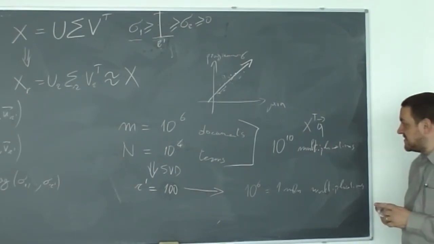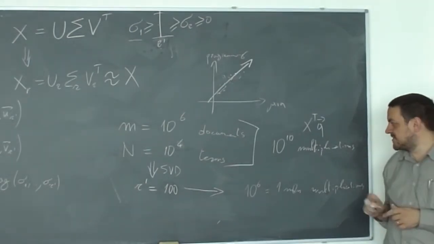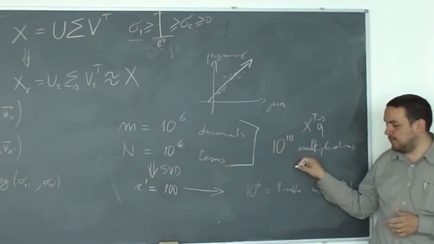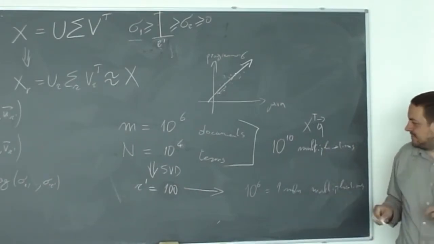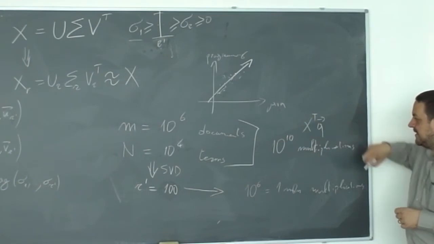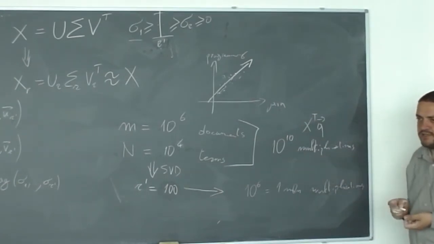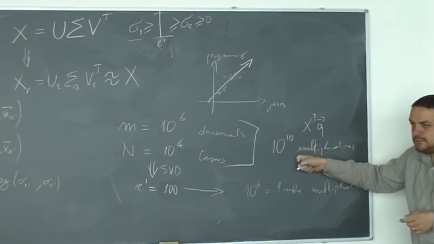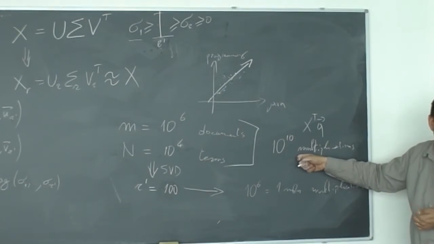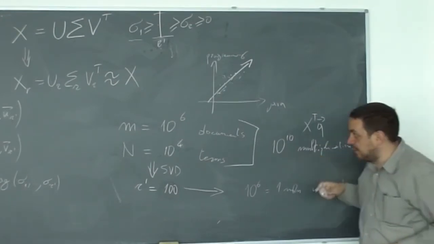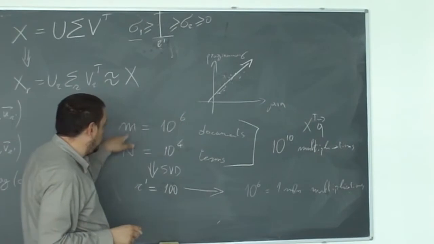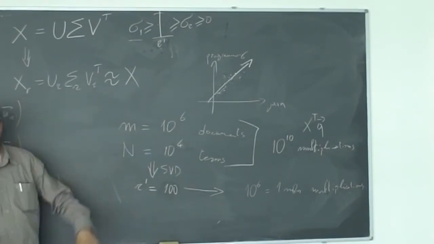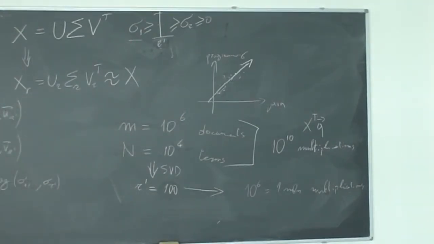The second point is that actually, with this calculation I was cheating a little, because we are never going to make 10 billion multiplications. The original matrix X has many zeros in it.